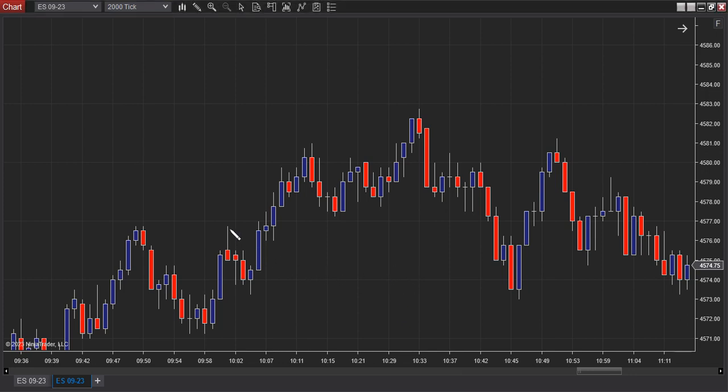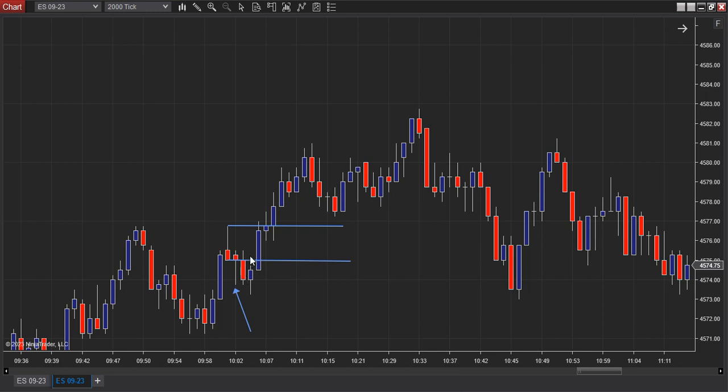So in this example, if we mark the high of the spare bar and we mark the low of the spare bar, and we ask ourselves, did this bear bar break the high or the low of the previous bar? And of course the answer is yes. Now that the answer is yes, we know that this is an outside bar.